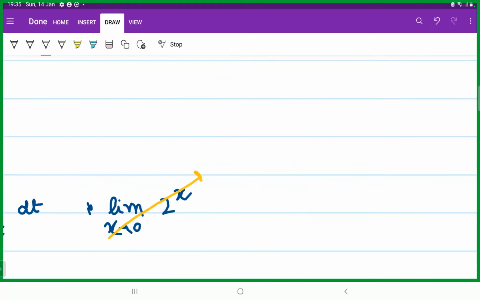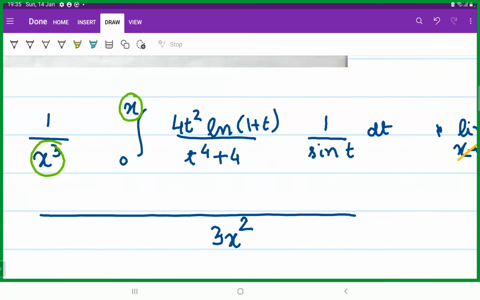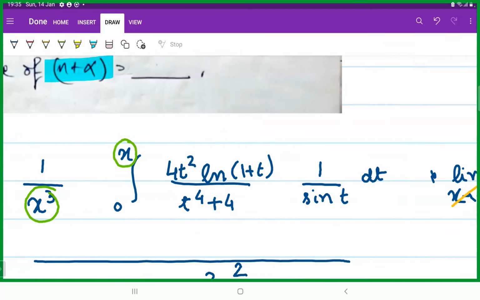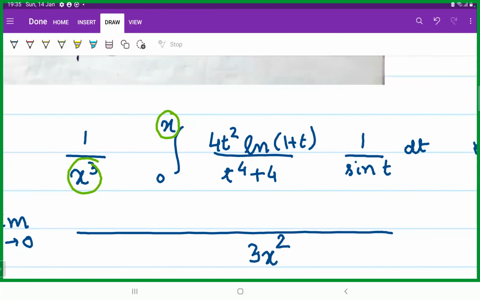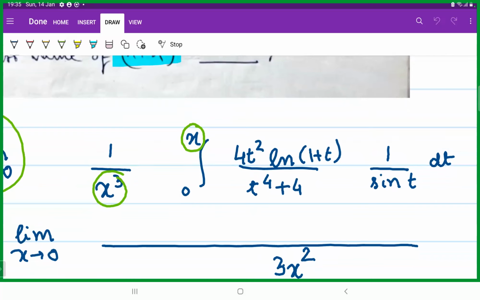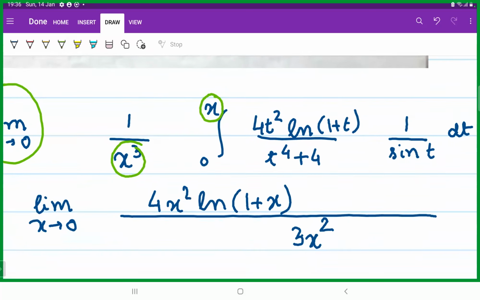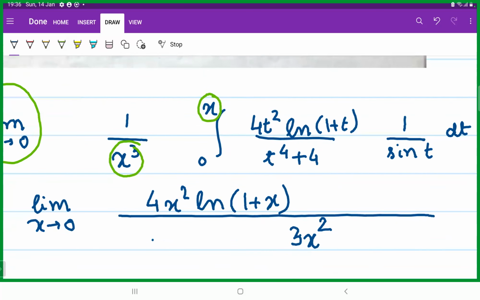It will not affect the value of this integration in any way, so I'll just remove this so that I don't have to differentiate that 2 to the power x again. And in the numerator, therefore, we will have 4x square natural log of 1 plus x, and over here we will have x to the power 4 plus 4 sine x.